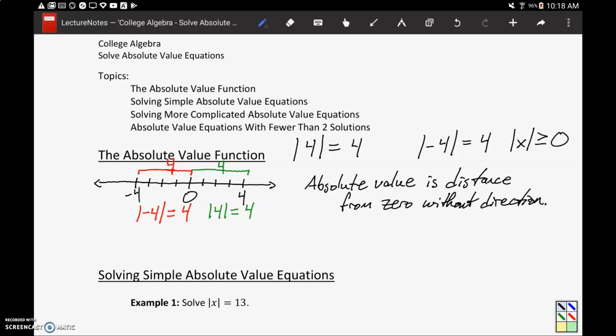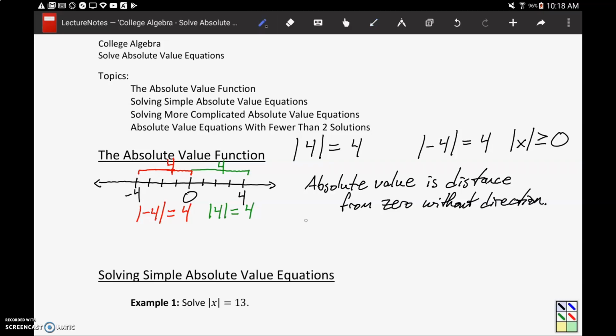So again, in the case of +4 and -4, we're not concerned with the fact that it's 4 units to the right or 4 units to the left. We're only concerned with the idea that it's 4 units away from that value of 0.